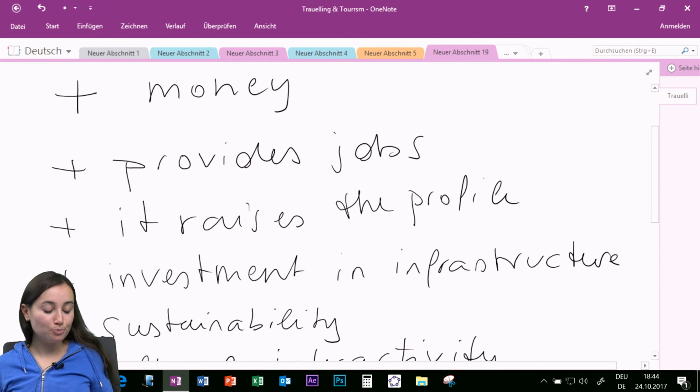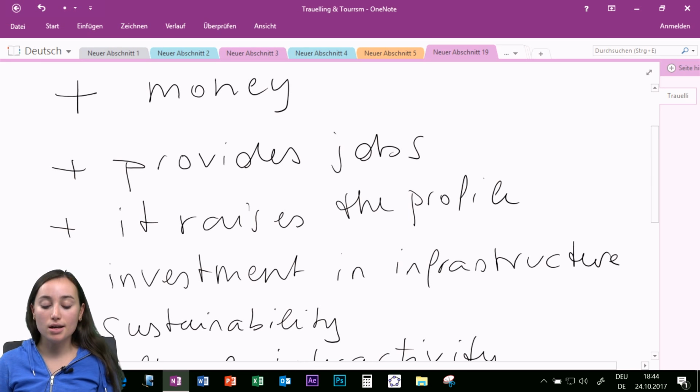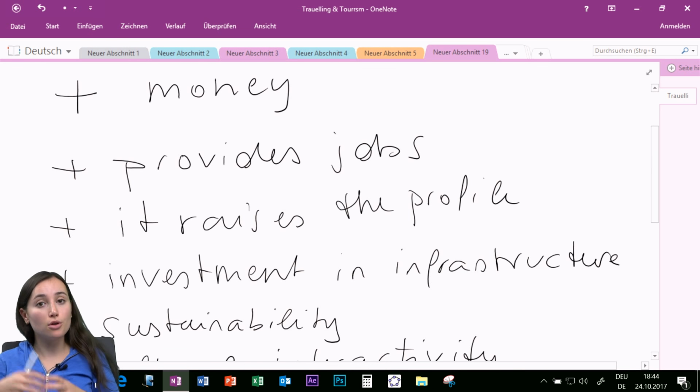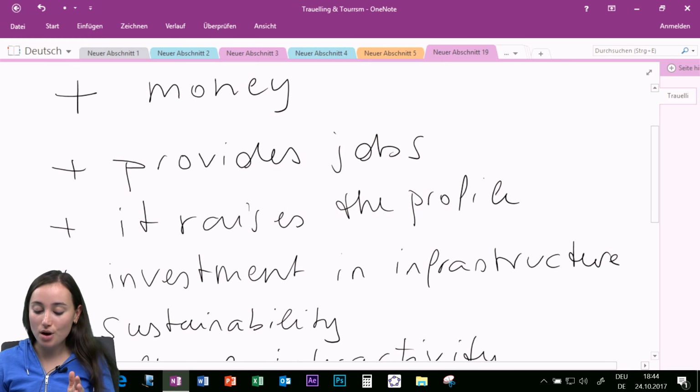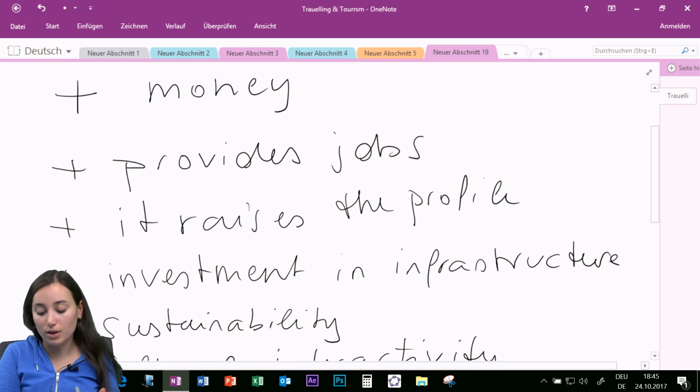Or tourism creates a lot of economic uprise as tourists spend a lot of money in certain kinds of areas, which furthermore provides a lot of jobs and possibilities for the people living in that specific area.